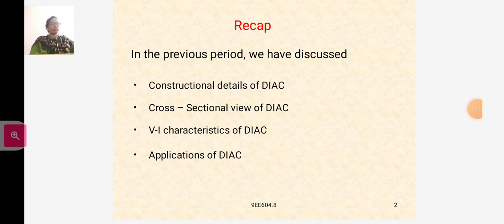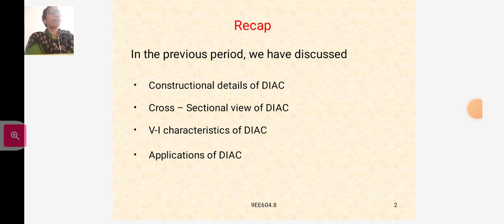When the terminal T1 is positive with respect to T2, the PN layers start conducting when the voltage of T1 is more than the breakover voltage VBO1. Once conduction starts, the current through the diac becomes very large and is limited by the external resistance in the circuit.